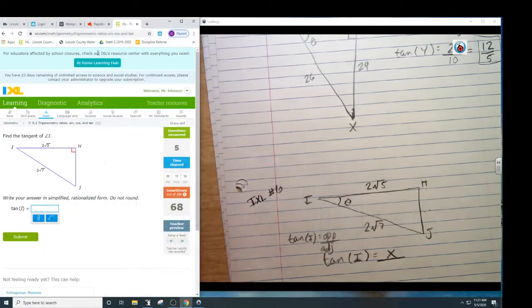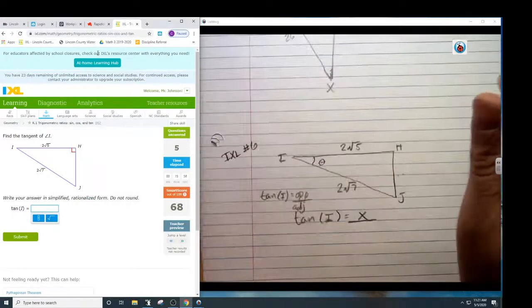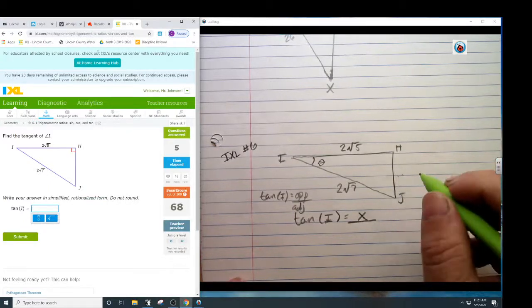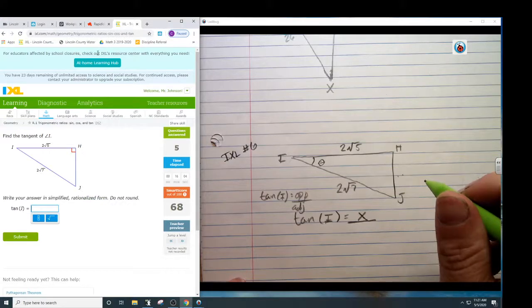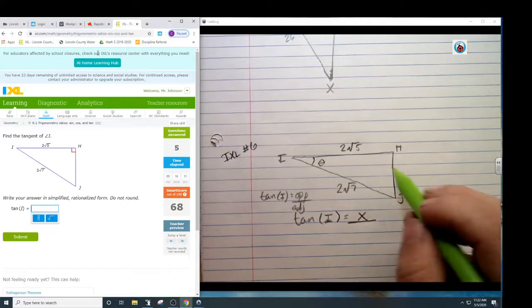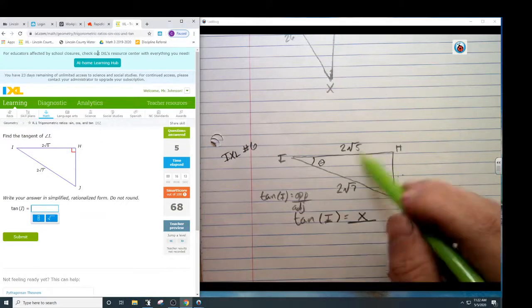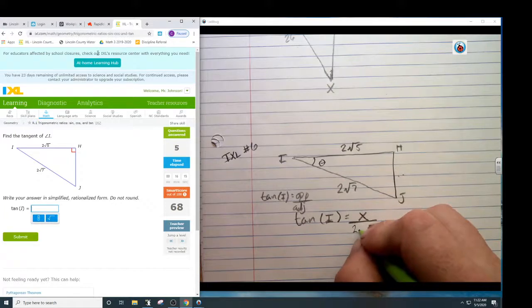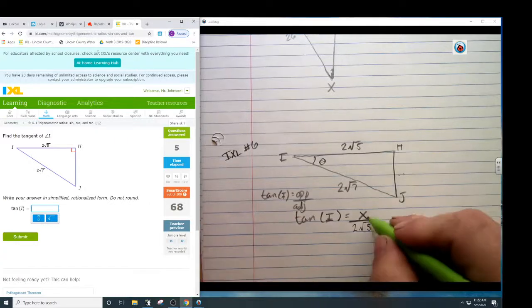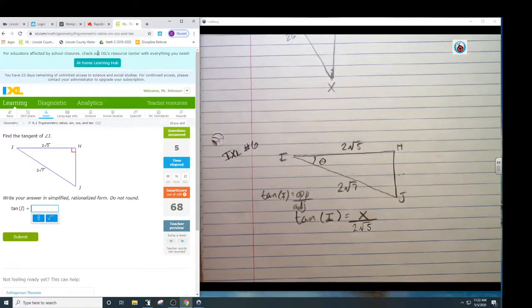All right. Now, so what we got to do, we got to figure out what our opposite is. Now it's opposite over adjacent, so 2 square root of 5. So what we're going to do here, guys, we got to figure out what x is. We're going to do a little bit of math.